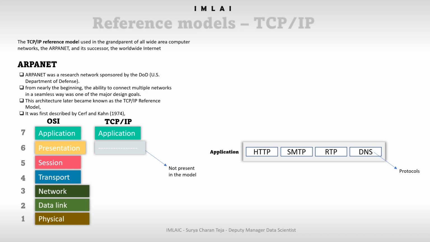On top of the transport layer is the application layer. It contains all the higher level protocols. The early ones included the virtual terminal protocol, that is Telnet, and FTP, the file transfer protocol, which we use even now. Then SMTP, the electronic mail protocol, and many other protocols have been added over the years.